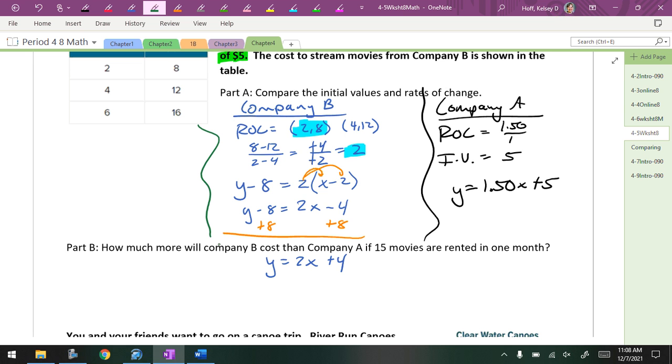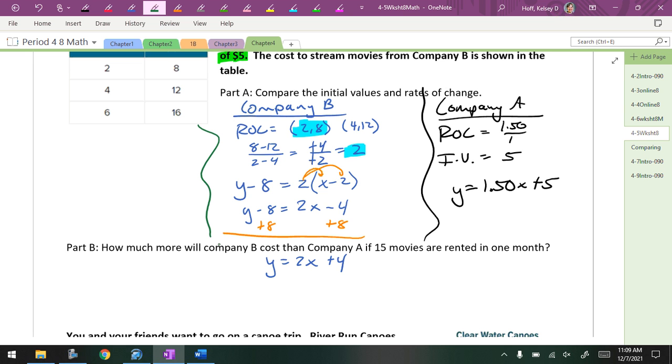What'd you guys tell me your rate of change was for A? 1.50. What's your rate of change for B? Compare them. Isaac.